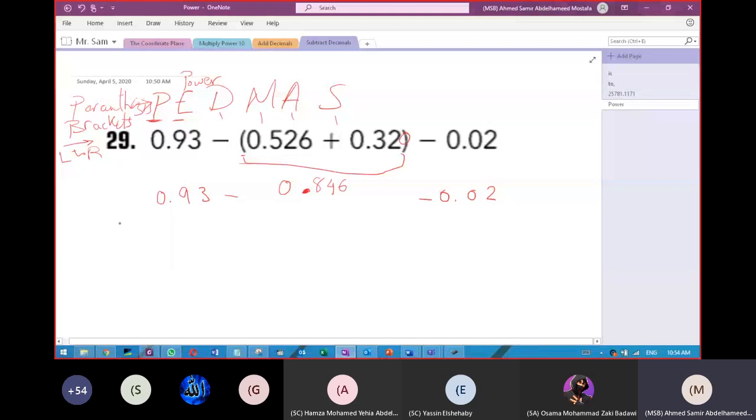So we're gonna put a bracket here, and we do this part. Okay, now can you do the subtraction right away? Would you like me to align them for you? Yes. All right, sure. We can do this in the draft here. So we have here, give me numbers. 0.93 subtract by 0.846.